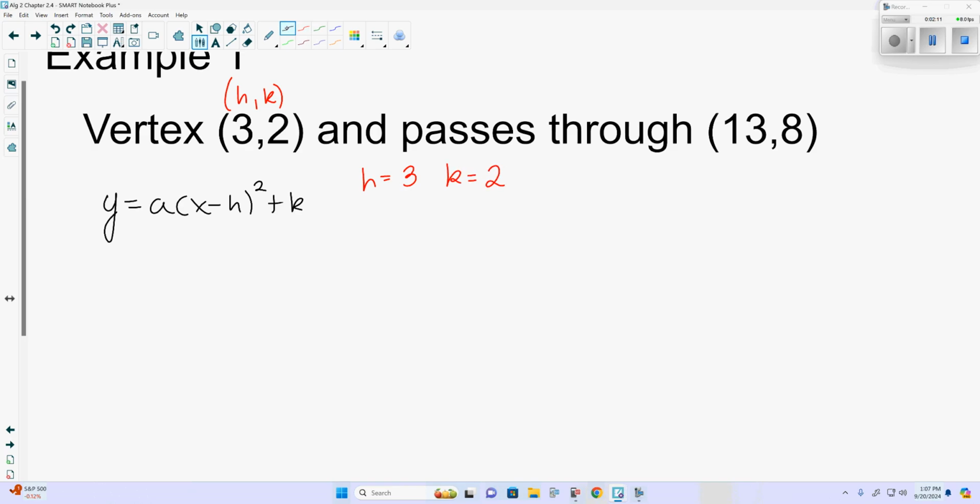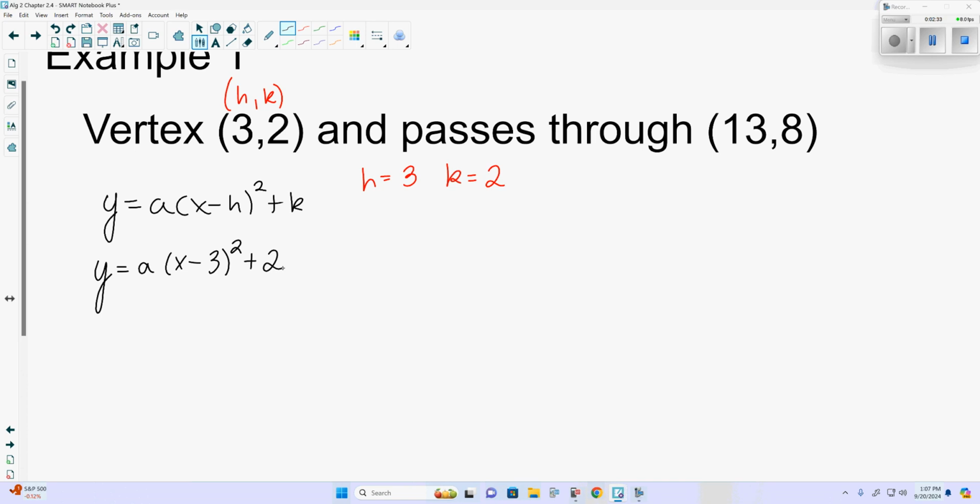Questions on what we've done so far? If we plug that in, y is equal to, well, we don't know a, x minus 3 squared, plus 2.